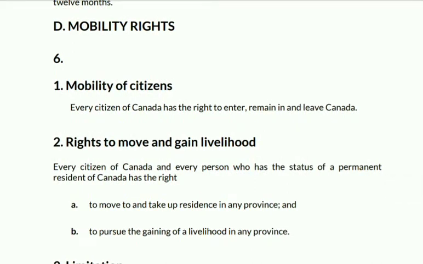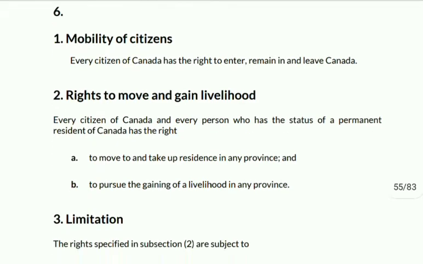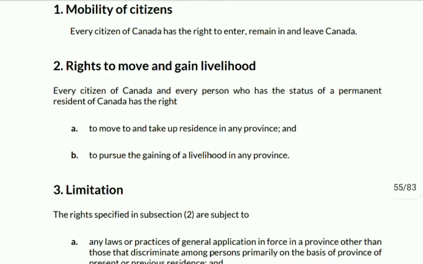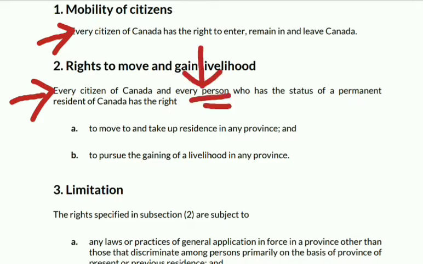Second, rights to move and gain livelihood. Every citizen of Canada, now note it down that this right is for every citizen of Canada and every person who has the status of permanent resident of Canada.